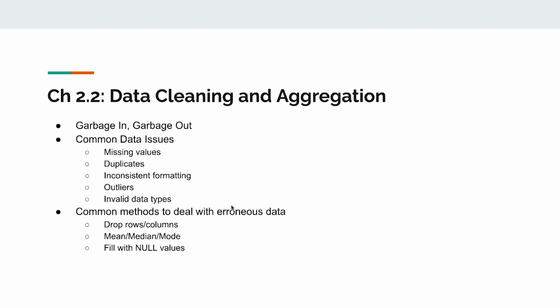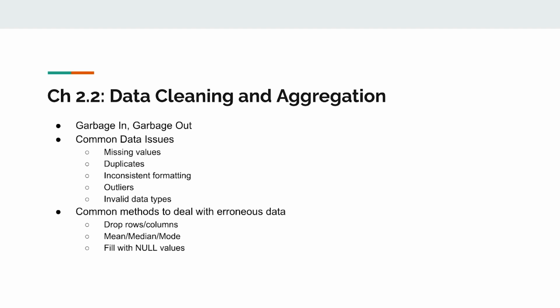And some of the common methods to deal with this erroneous data are the following. Either we can drop the rows or columns that contain erroneous data, or we can replace them with mean, median, or mode values. Or we can ignore them in our data analytics by filling them with null values.